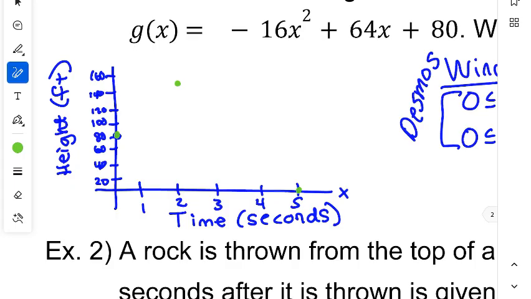Okay, so now draw your parabola. So we know it's going to go like that. Something like that. Hopefully your parabola looks better than mine.